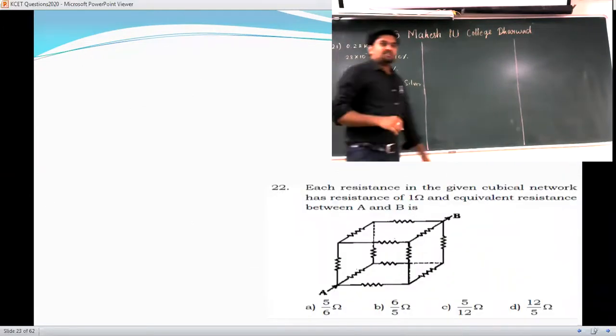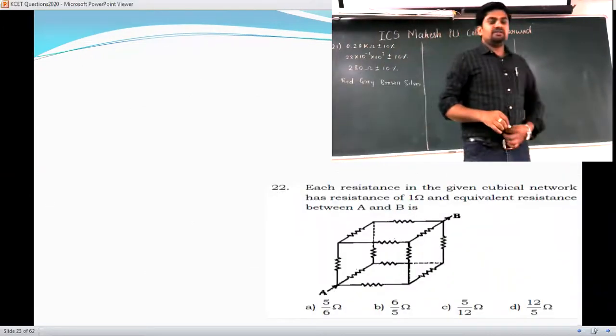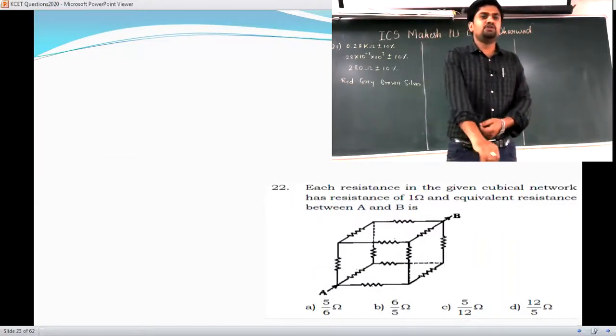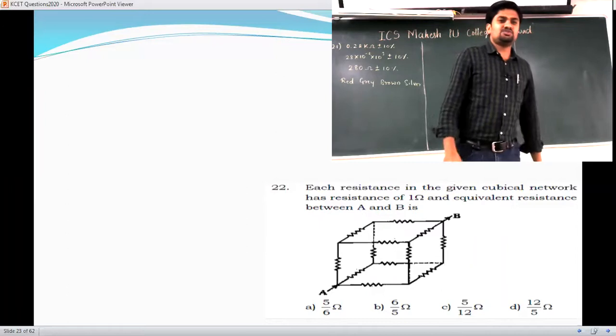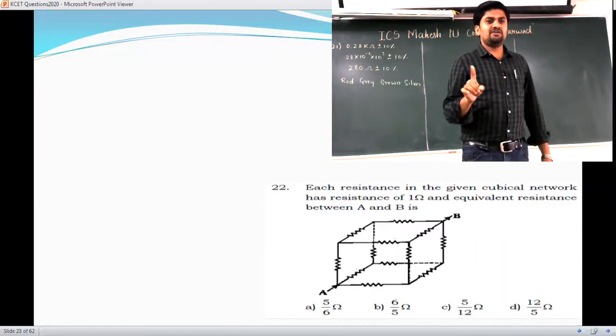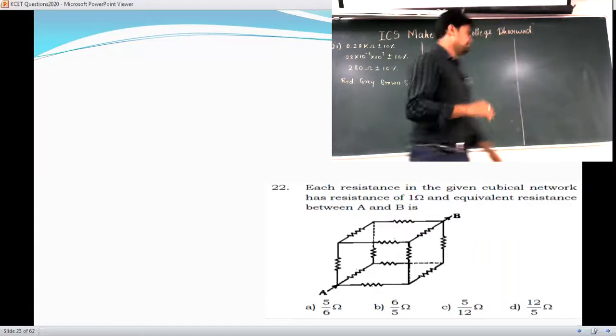In this question, they have taken the cube. Each resistance in the given cubical network has a resistance of 1 ohm. The equivalent resistance between A and B is asked.